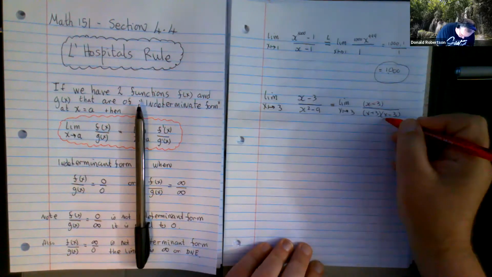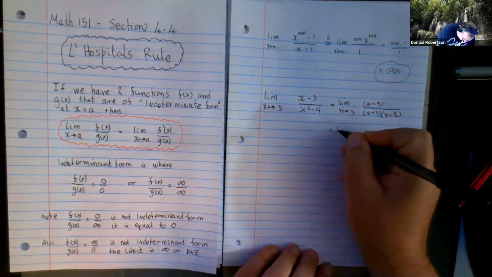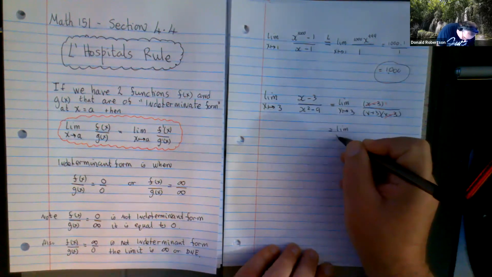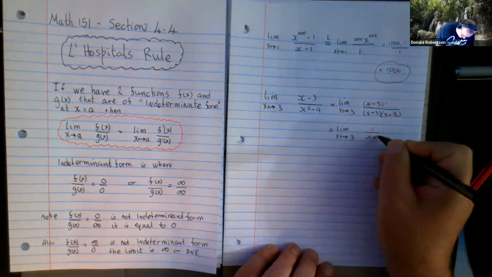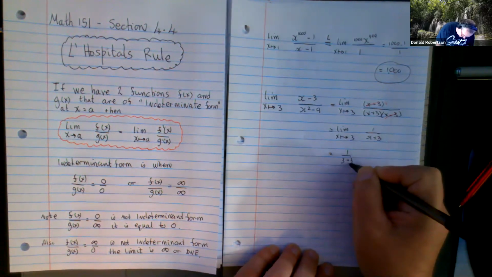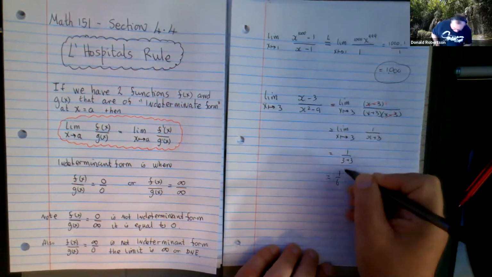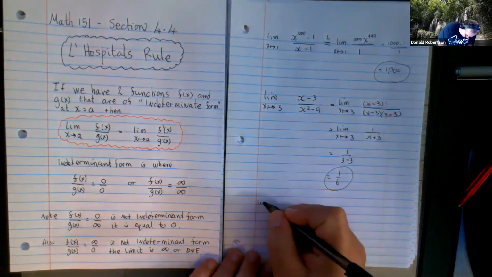You cancel the x minus 3s. You can then plug in 3, and there is your answer. That's a week 1 technique, right? That works pretty well. Let's try L'Hopital on it.